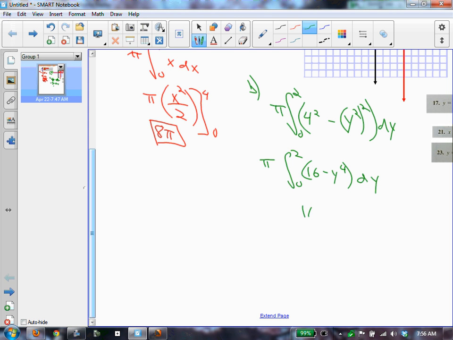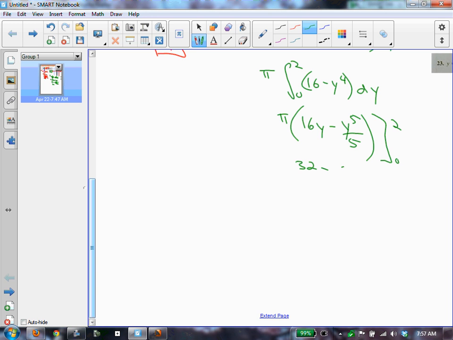Integrating that is pretty easy: 16y minus y to the fifth over 5, with a pi out here, from 0 to 2. When I plug in 2, I get 32 minus 32 fifths. When I plug in 0, I just get 0. If I make this one into fifths, 160 minus 32 gives 128 over 5 pi.